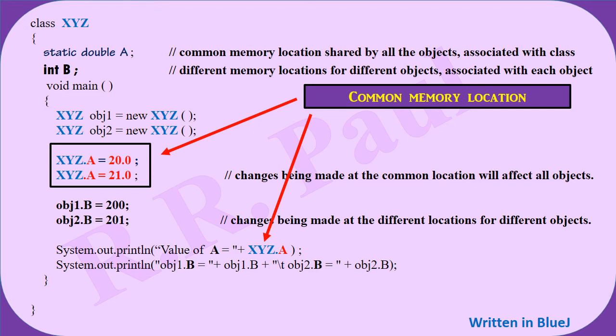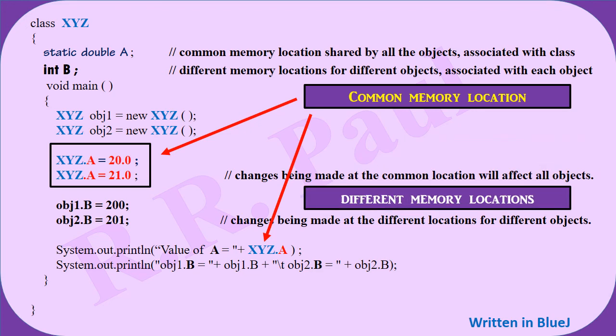And just like the previous example, we have another case of different memory locations managed through different objects, which is obviously a non-static or an instance variable, integer type B. At the end of the program, we are printing the values of A and B through the class name xyz.a for a static member and obj1.b and obj2.b for the non-static member, which is also called instance variable.